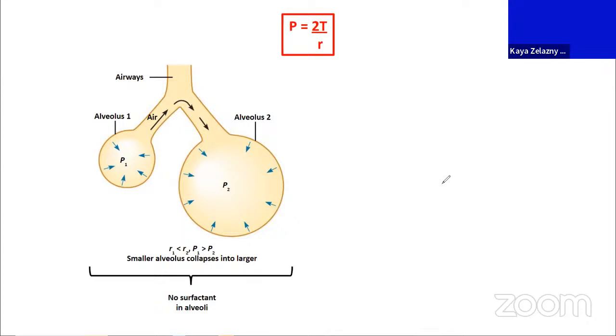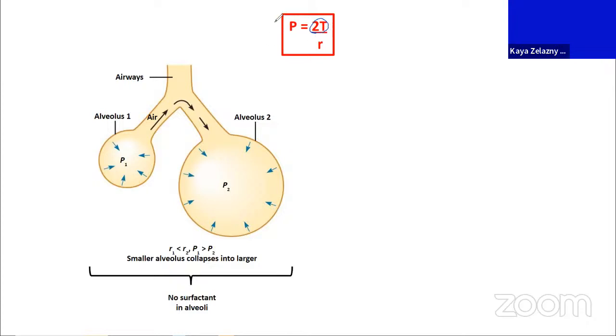Now that pressure is dependent on the radius of the alveolus. If we have some given surface tension, a smaller radius is going to require a larger pressure to combat that surface tension than if we have a large radius, kind of like watering down that surface tension.